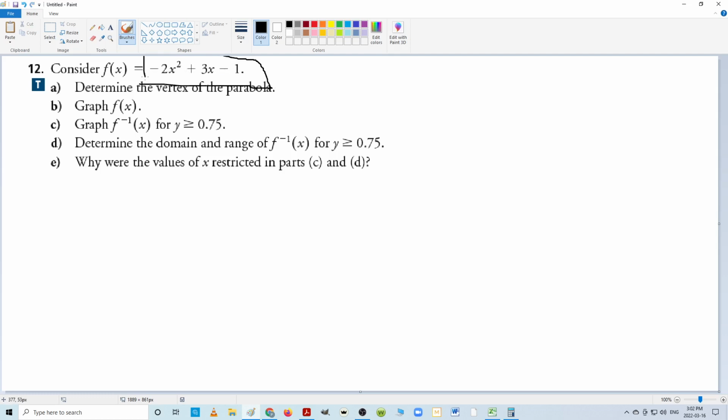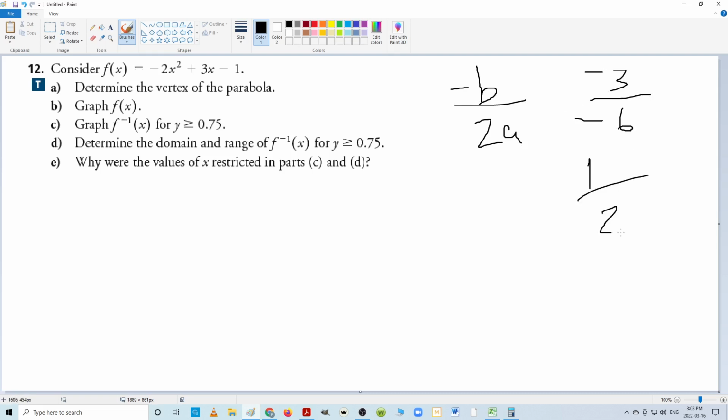So to determine the vertex, we would have to complete the square, which is what they want you to do, but just to make sure I get the right vertex, I'm going to use this formula. So it's going to be minus 3 over minus 6, so the x value is going to be a half.